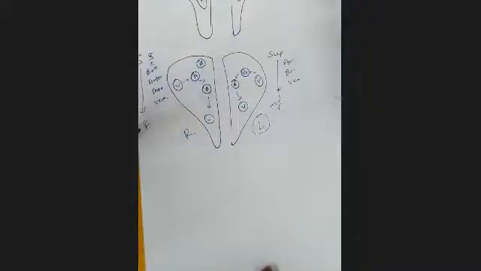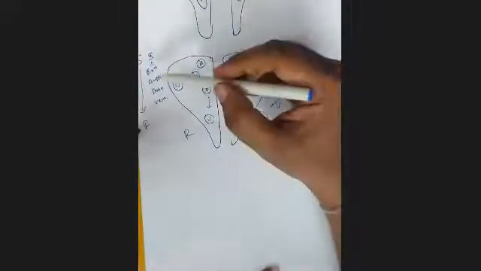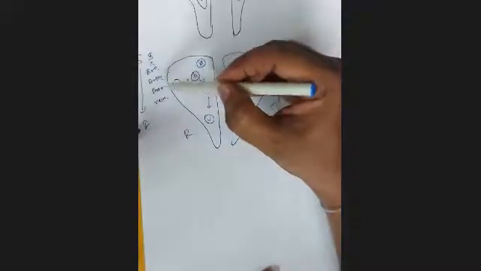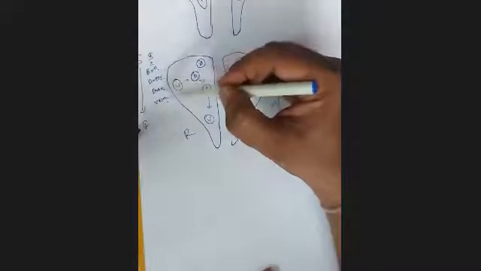On the left side it is artery, bronchus, vein, and on the right side it is bronchus, artery, bronchus, vein.